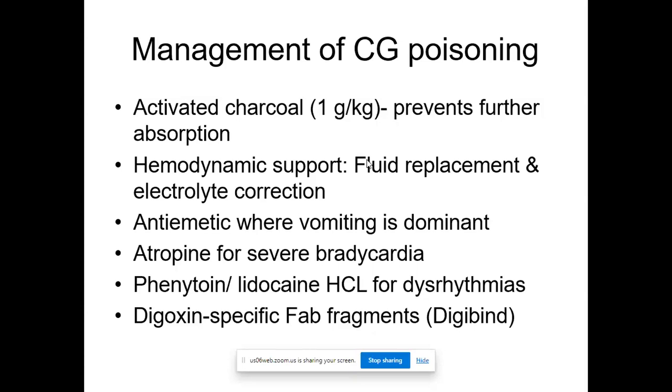Antiemetic where vomiting is dominant, since some of these CGs have emetic activities with large doses. Then there's atropine for severe bradycardia, phenytoin for arrhythmia. So basically, it's just managing the symptoms that will occur. Next.